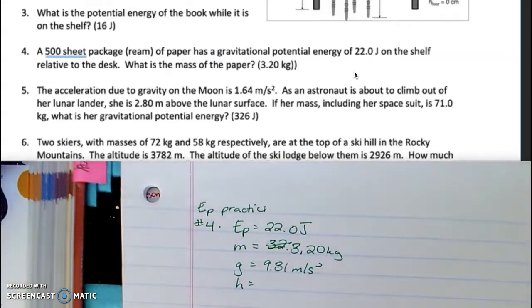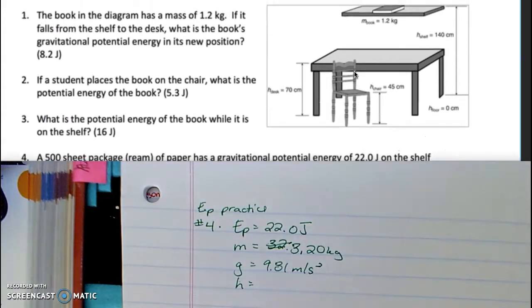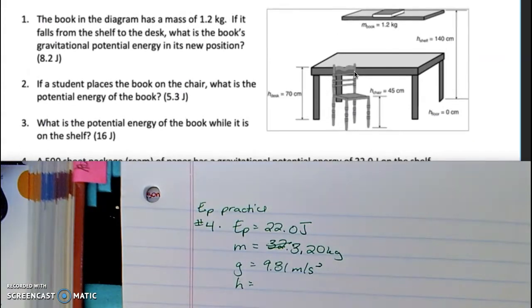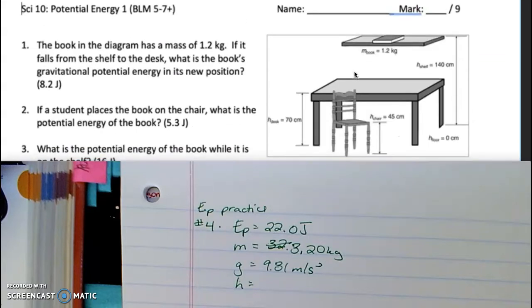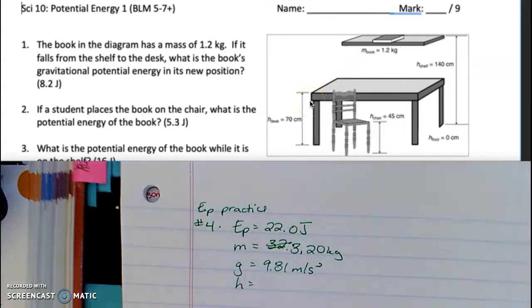Shelf. Relative to the desk. Okay, so we want to do relative to the desk. They might want us to subtract them then. Okay, the height of the shelf relative to the height of the desk. So let's start with that, and if that's not the right height, let's recalculate it.